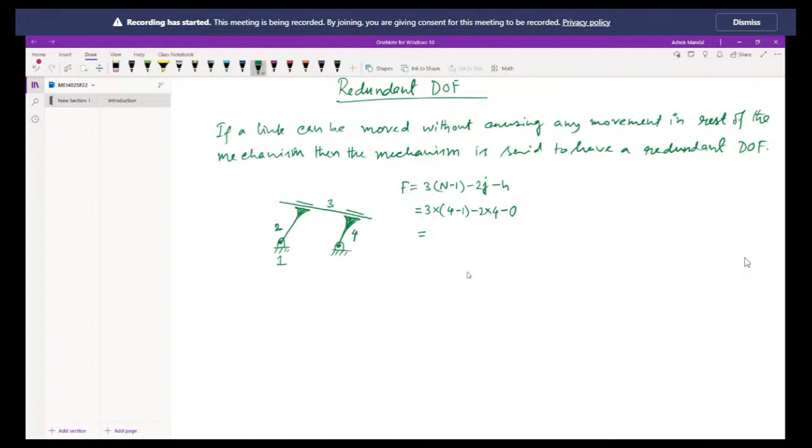What is this value? 1. Now, tell me one thing: suppose I want to give a motion to this link 2 in this direction. From the physical inspection, will this whole mechanism have any movement? No, sir. It cannot. But then why is this 1 degree of freedom there? What does it signify?